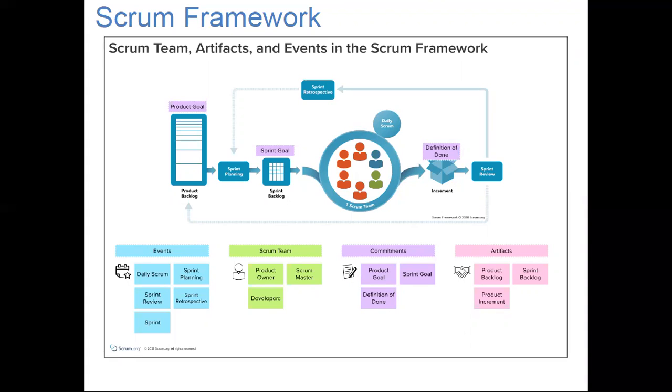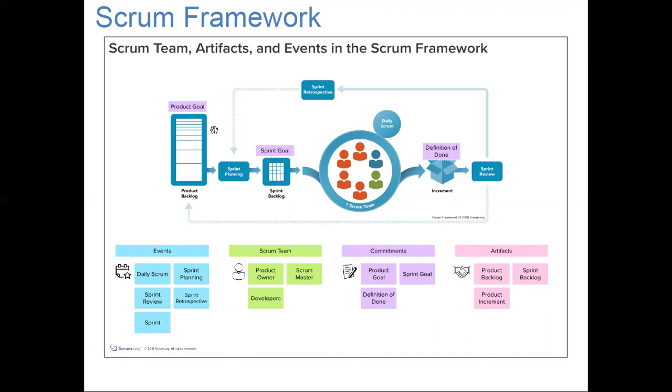We have 3 accountabilities: product owner, Scrum master, and developers. We have 3 commitments: product goal, sprint goal, and definition of done. And we have 3 artifacts: product backlog, sprint backlog, and product increment. We will go one by one and see what these things are.